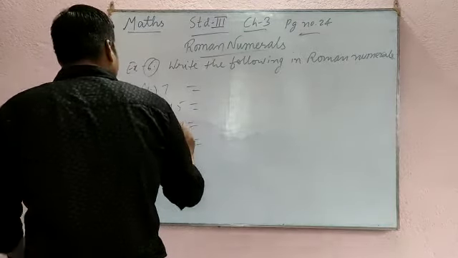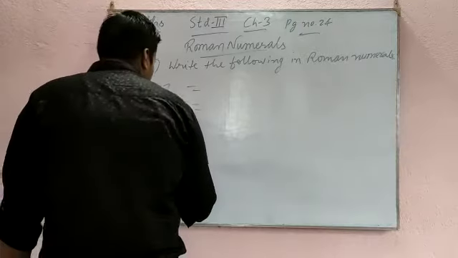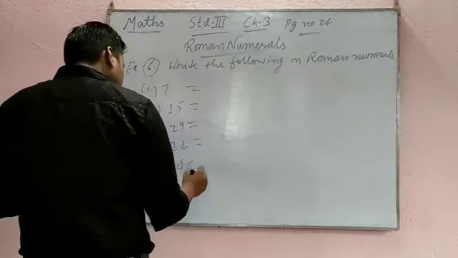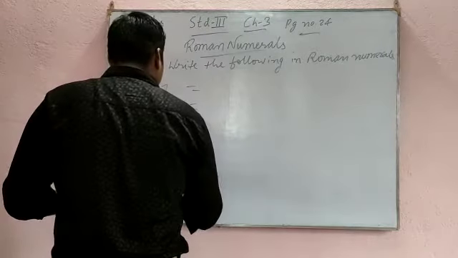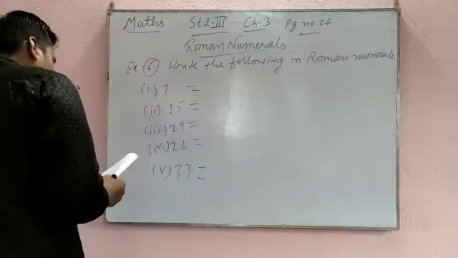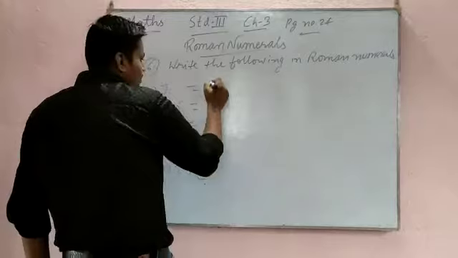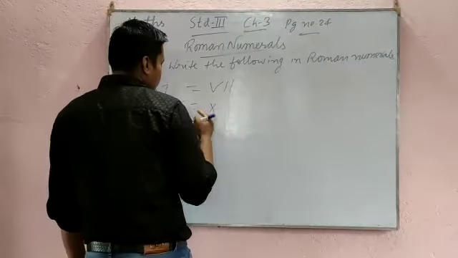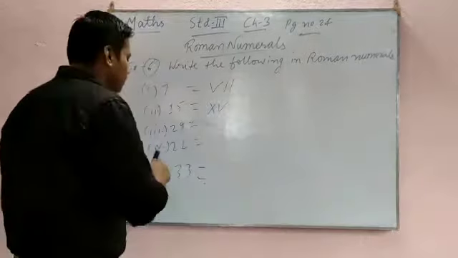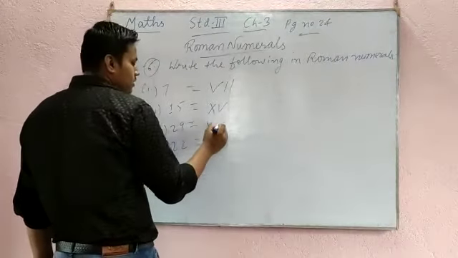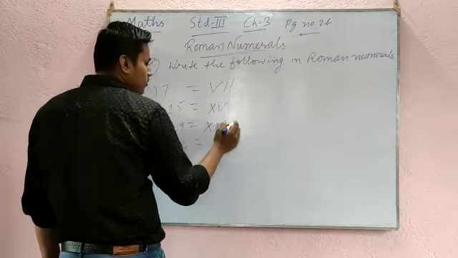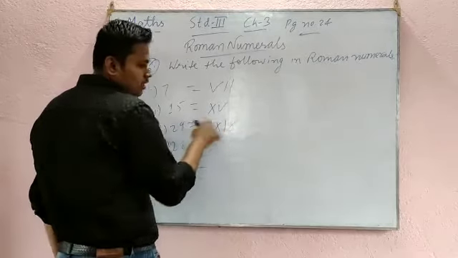just take on my side 46. Okay, or just you take 33. So first is what? 7, very easy. Which is 5, 6, 7. 15, 10, 5, 15. 29, 10 plus 10, 20, plus 9, 29.